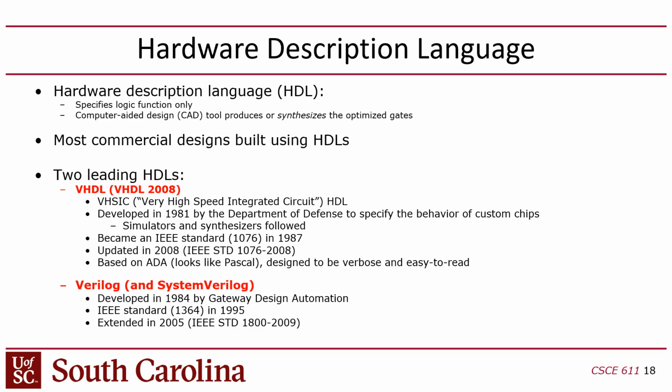All of the keywords in Pascal are very long. So to declare an array in Pascal, you actually have to type the word array, and then you have to list the bounds as 0 to 100, right? So everything is very verbose. The reason is that those languages were designed to be self-documenting. They were supposed to be verbose, so when you looked at the code, you could very easily tell what's going on. The problem is it takes a long time to type it all out because it's very wordy.